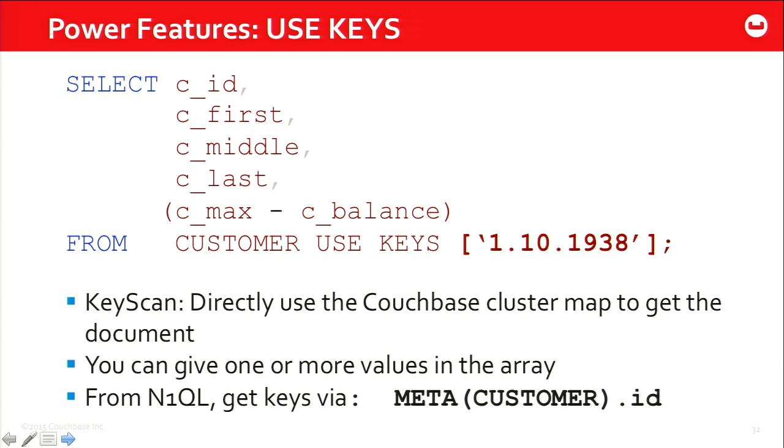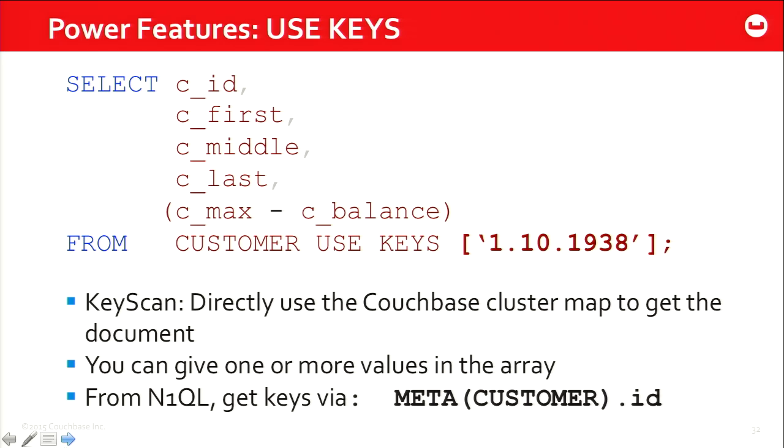This is an array, and for all the document keys, we go directly to the key scan. Right? We don't use any indexes. We go directly, we reference the cluster map and get to the document directly. This is the fastest way to get to the data within Couchbase.